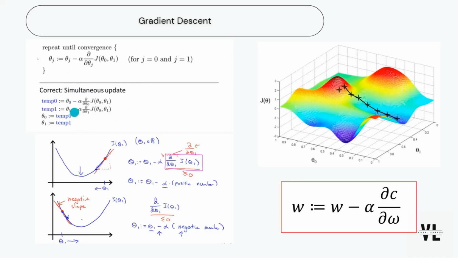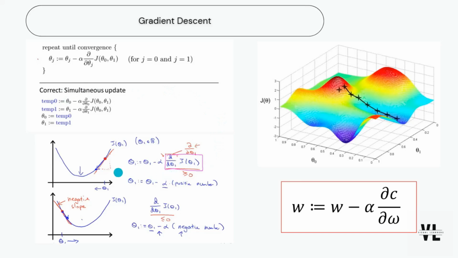We're going to update each parameter by using the computed gradients, and each parameter has to be updated simultaneously, so we don't have to wait until we compute the first one in order to adjust the second one. The first thing that we have to do is compute the needed gradients, and we have to assign all of the parameters the newly computed values so that we can carry out the simultaneous update.